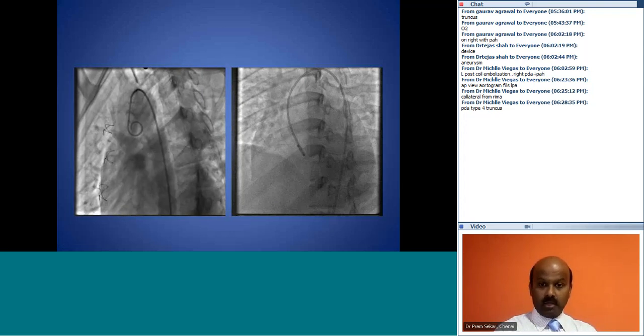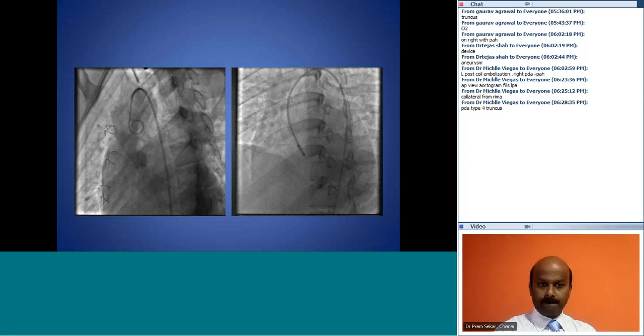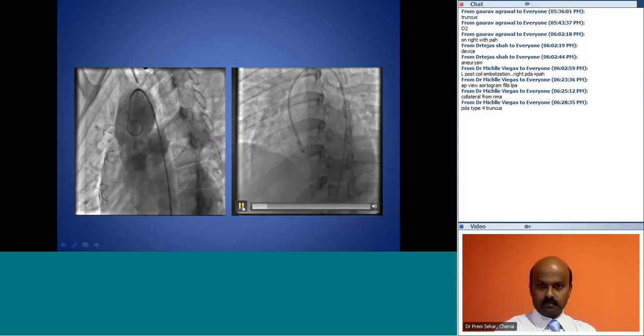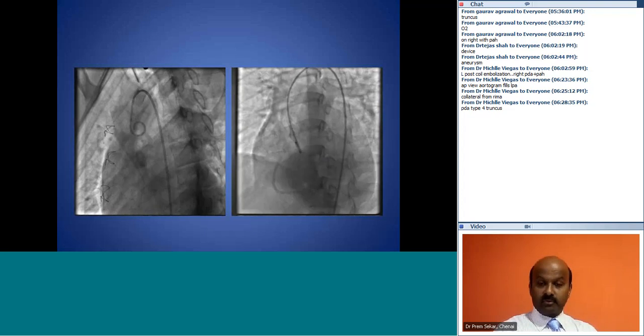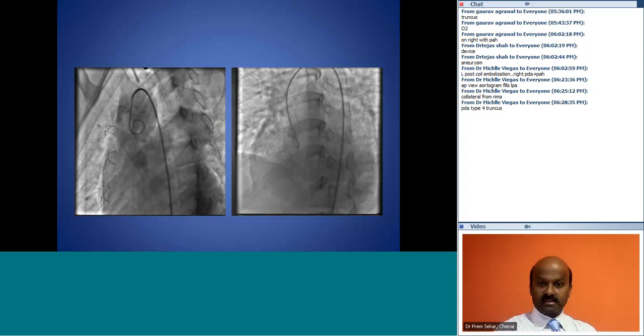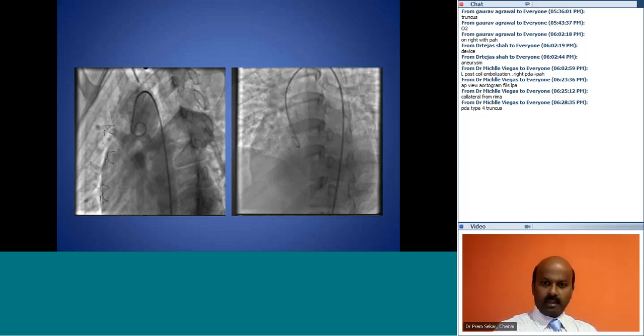You can see that this patient has undergone surgery earlier. So in this case, this was the residual aortopulmonary window which was then successfully plugged. And the ruptured sinus of Valsalva when it goes into a right side structure can again present with a continuous murmur, but in an unusual location.